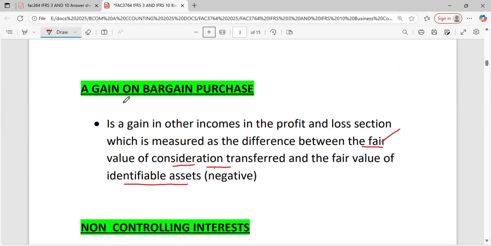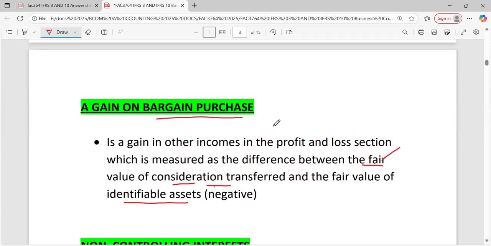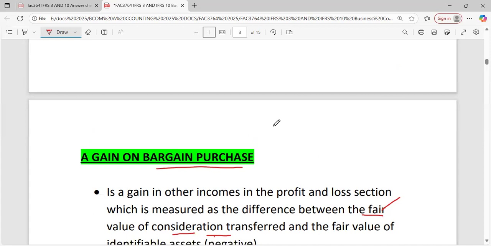So that's when we have this gain on bargain purchase. Some of the questions you may find in your test or whatsoever, they can just ask you to calculate the goodwill. The question will just say calculate the goodwill.